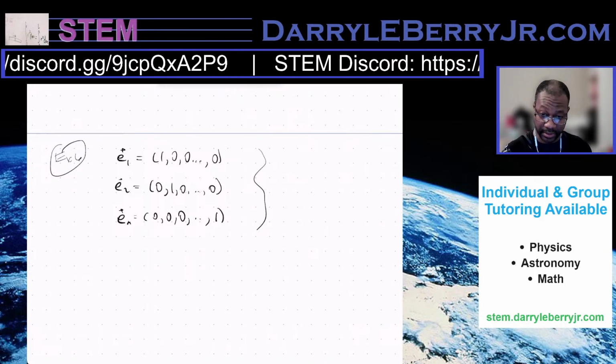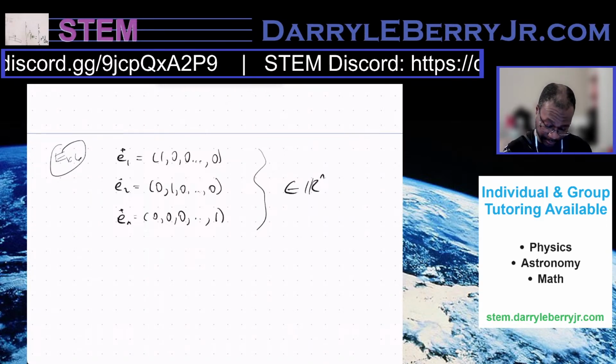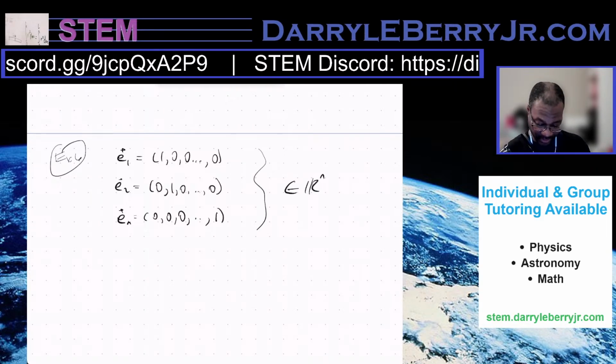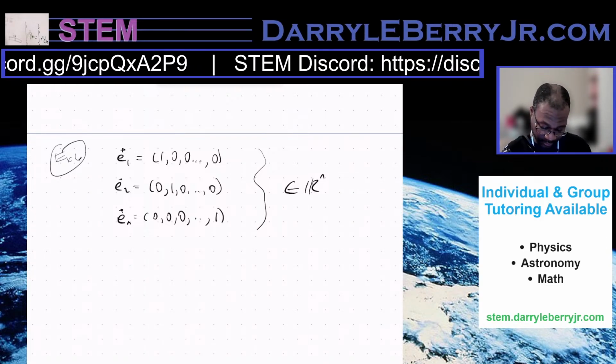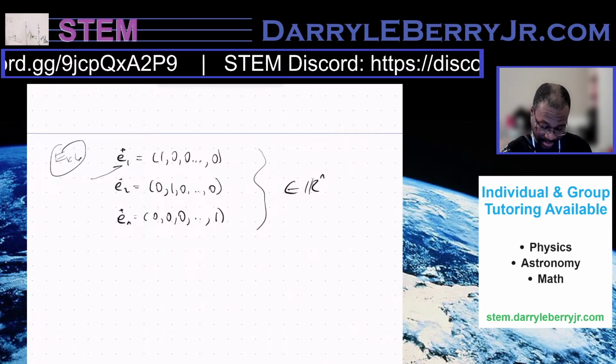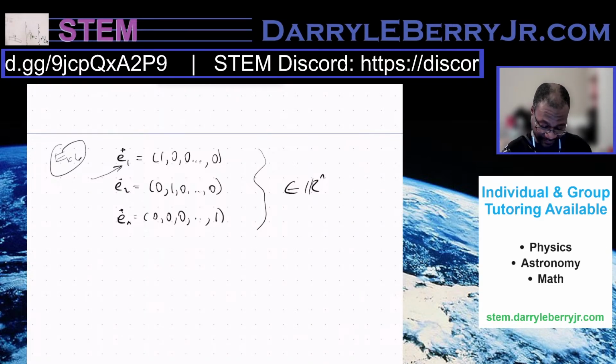So the assumption is that each subsequent vector has a 1 in its subscript position, and all the other numbers in that vector are 0.